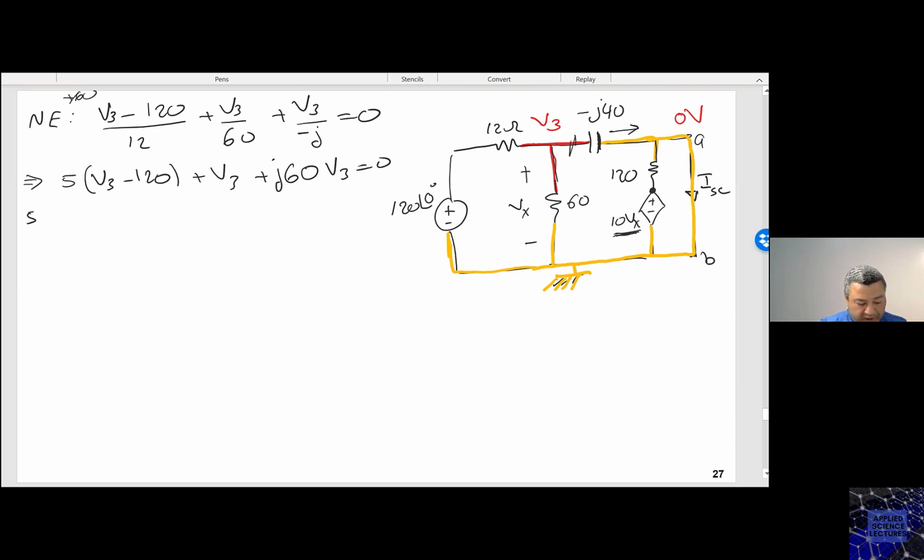So I have 5 V3 minus 600 plus V3 plus j60 V3 equals 0.